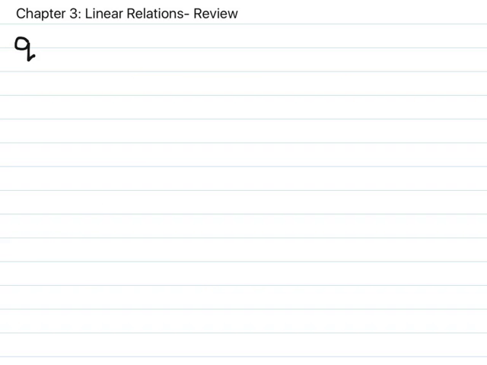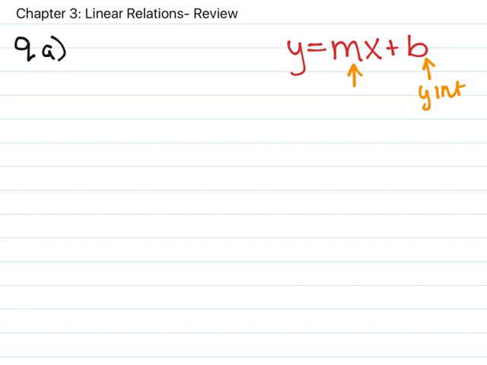Question 9. Here you're given different information for different equations and asked to find the equation of each line. For number A, first it's important to remember y equals mx plus b, with b being the y-intercept and m being the slope. That makes these really easy, you just plug them in.